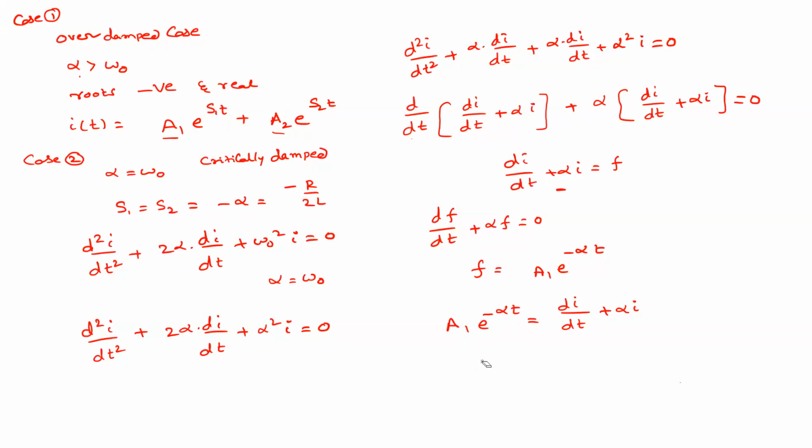So this is the one, right? So di by dt plus alpha I is equal to a1 into e to the power of minus alpha t. Right? So if you rearrange or reorganize these terms.